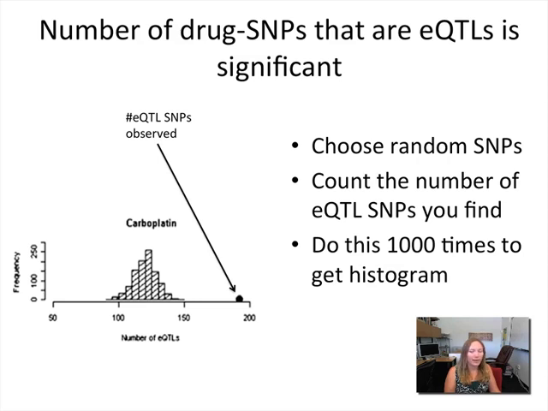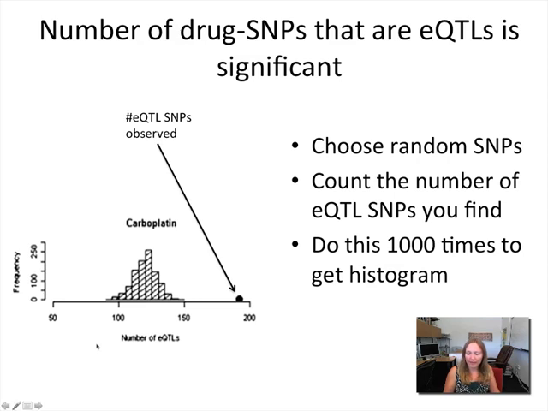The figure in their paper, I think, is a little bit tough to understand. Basically, they were trying to show that the drug SNPs being EQTLs is a significant finding. So to make a statistical claim about that, they chose a bunch of random SNPs and counted the number of EQTL SNPs that you find, and then did that 1,000 times to get a histogram.